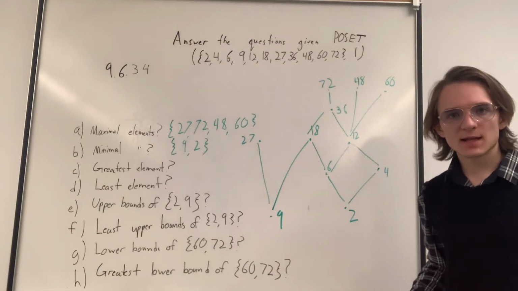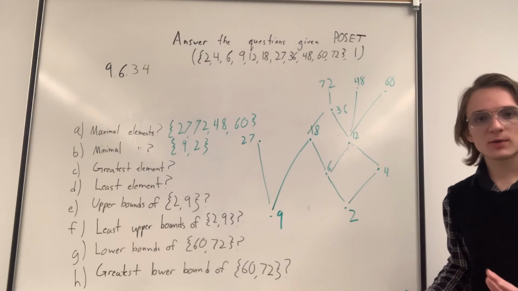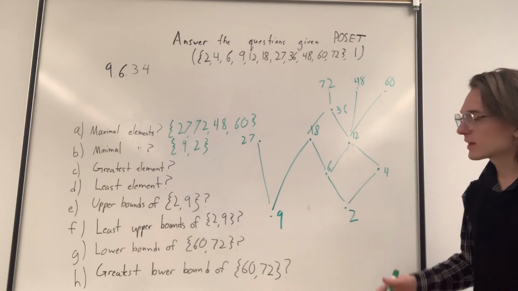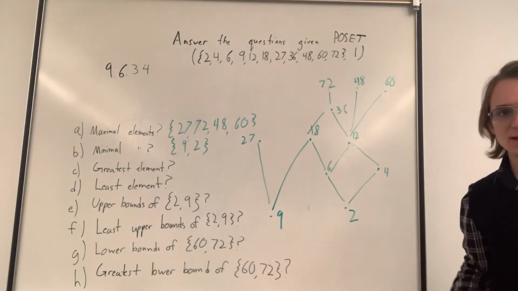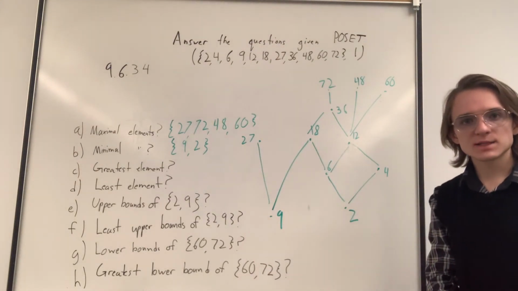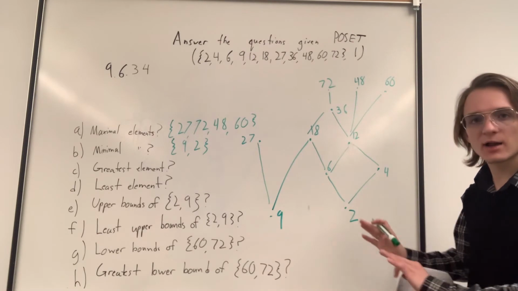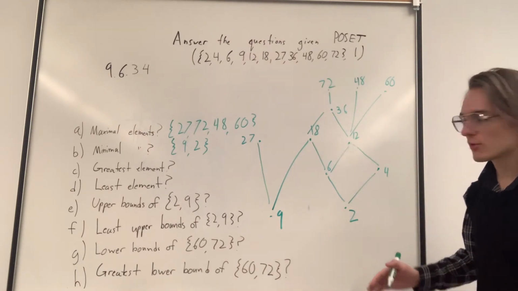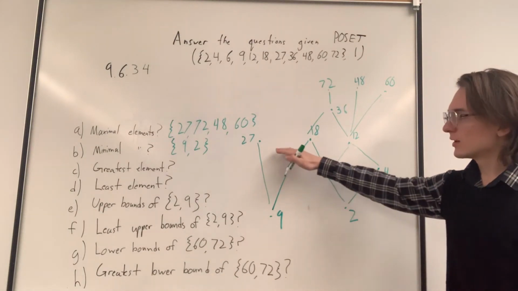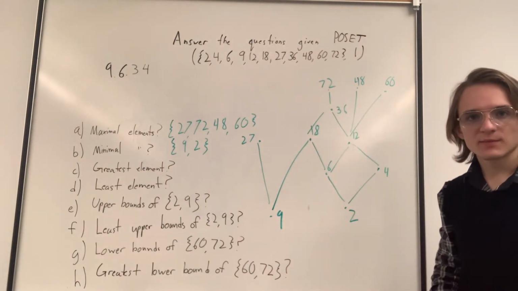Now, is there a greatest element? And the answer is no, there is no greatest element because there are multiple maximal elements. We have 27, 72, 48, and 60. A maximum element is one that is higher than all the others, that everything leads to. But of course, none of these would satisfy that condition, right?